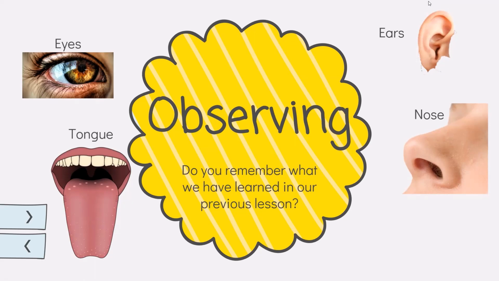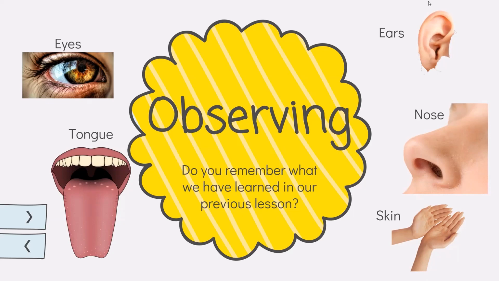We smell our food before we eat them so that we know if it is okay to be eaten. And the last one, we use our skin, our hands, our legs, our arm, our body. We use our skin to touch things around us. For example, if the table is rough, then you know it is rough. Therefore, you observe the table which is rough using your skin.